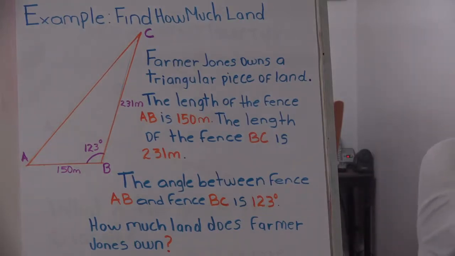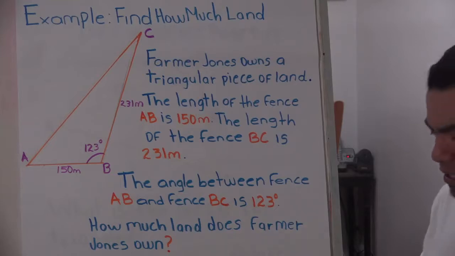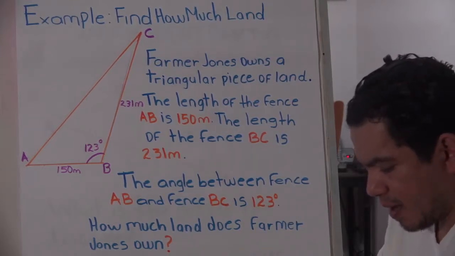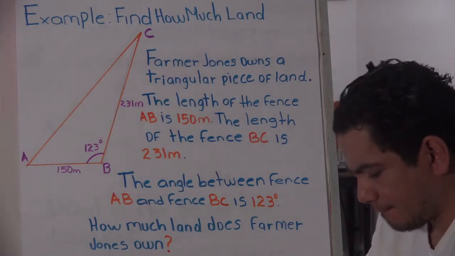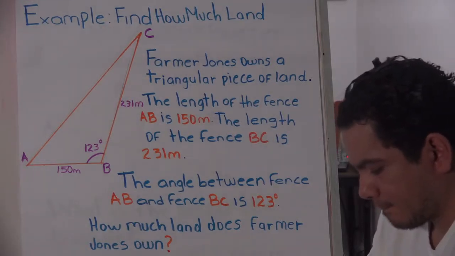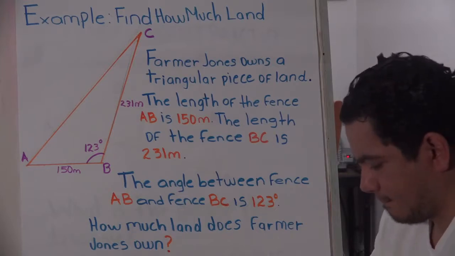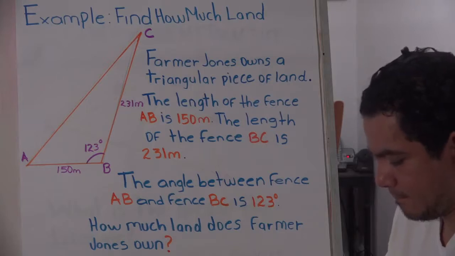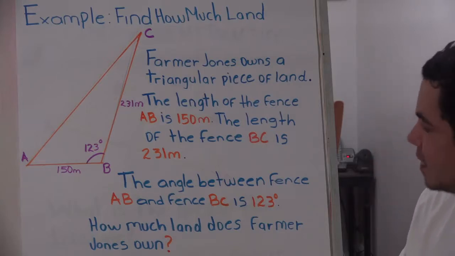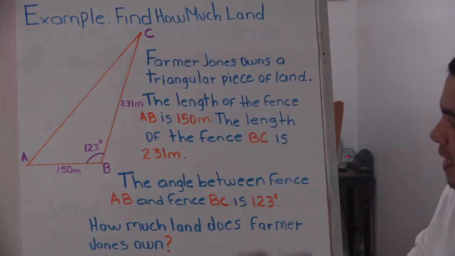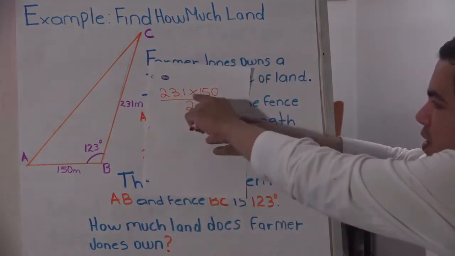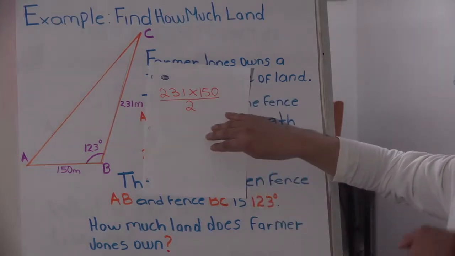I'm going to work at that problem and let's see what I get. I'm going to give you the setup of the problem. So far, this is what I have: 231 times 150 divided by 2.